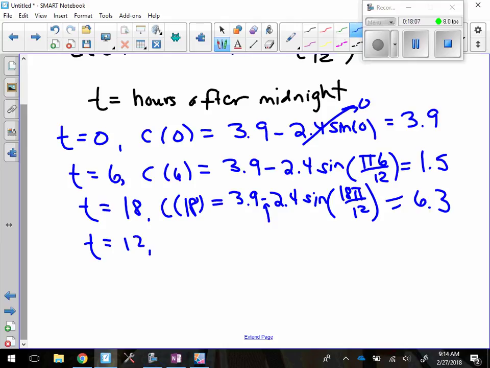And let's try noon, because that was Zoe's comment before, that everybody's at school or work and nobody's home, except your dog, who may be watching television, maybe not. My dog used to listen to the radio. So that would be 3.9 minus 2.4 times the sine of 12 pi over 12.